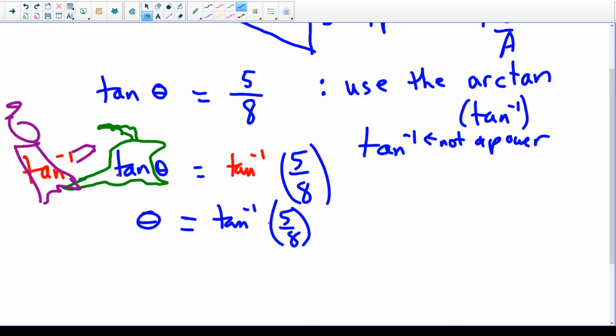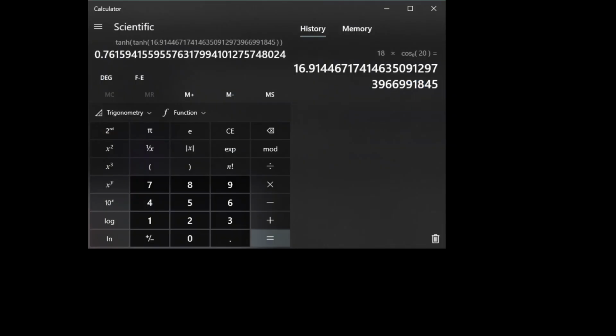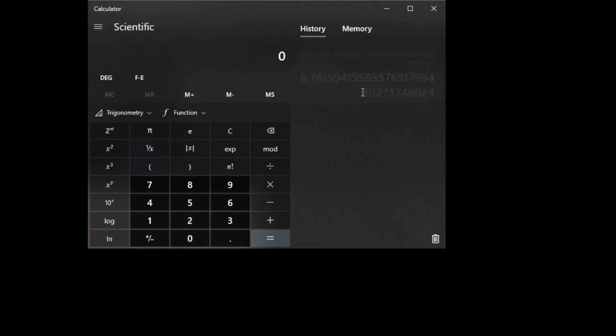Anyhow, how do you type that into your calculators? It really depends on the calculators you have. Let me switch over to mine here. On this particular calculator, I'm going to delete all this so it's not in the way. What I need to do is 5 divided by 8 equals first.